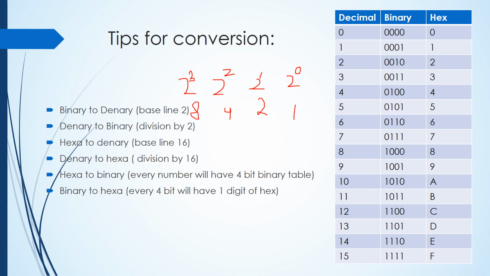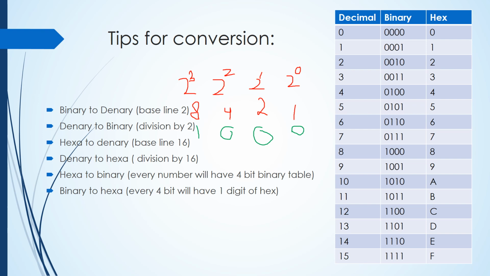Let's say I want to get the binary of 8. I just have to make the last bit 1 and these need to be off, right? So see, this is the binary of 8. Let's make the binary of 14.